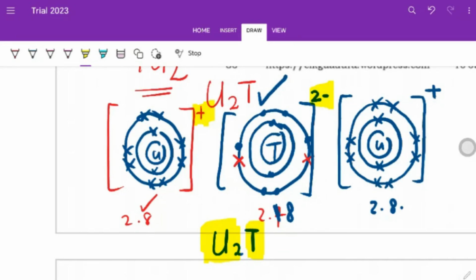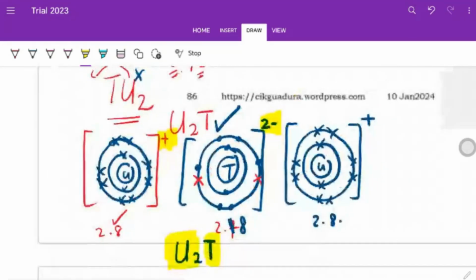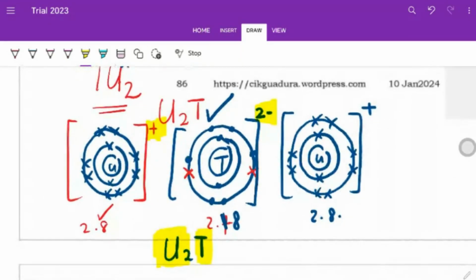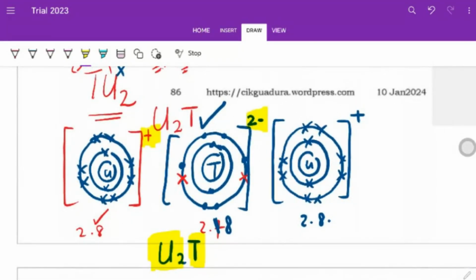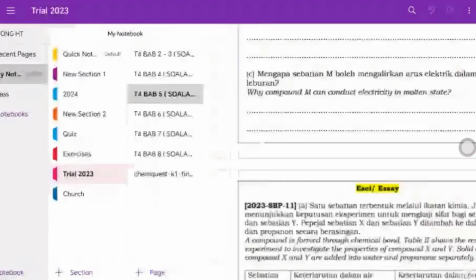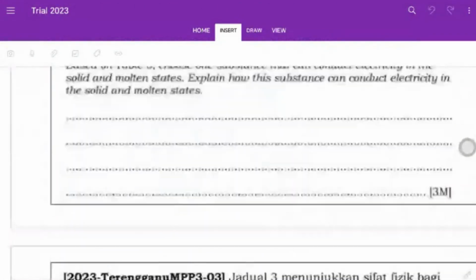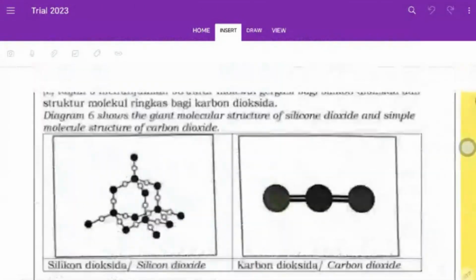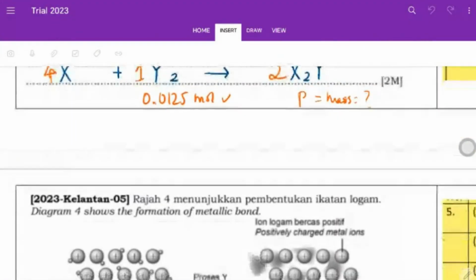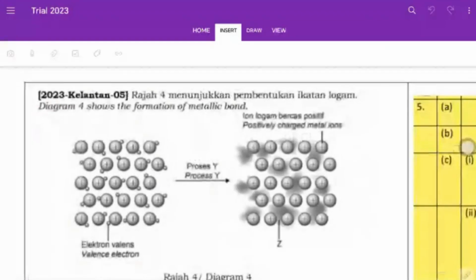Okay, now. Okay, so rest for 3 minutes. I got to drink water first. Then we'll go to structure for essay. Okay, here will be page.